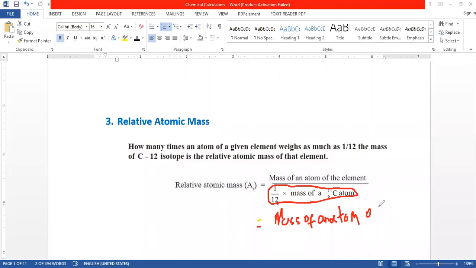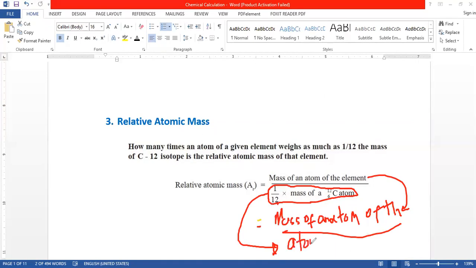So look at this one. What is the relative atomic mass?